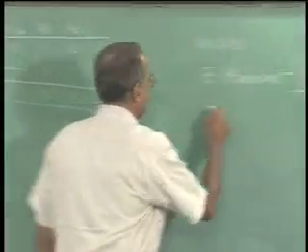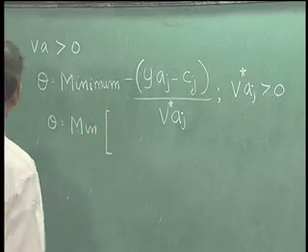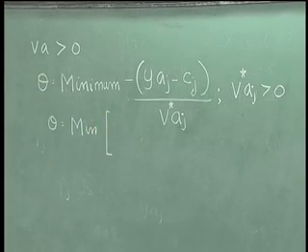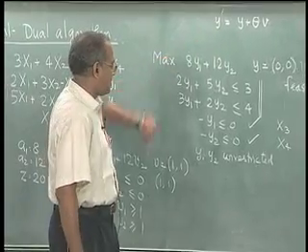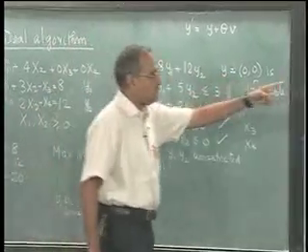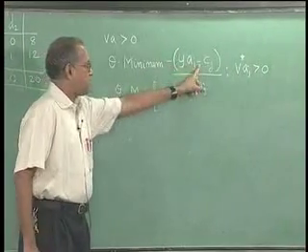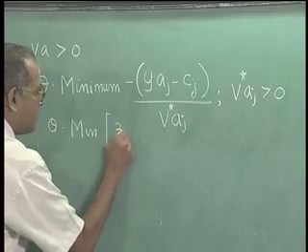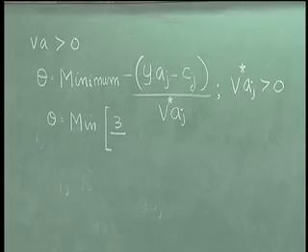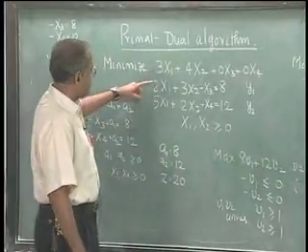So, theta will be equal to minimum of minus (yA_j minus c_j). So, y is 0 0 right now, y is 0 0 that we have here. So, all yA_j's are 0. So, minus of minus c_j is plus c_j. So, c_1 is 3 by v star A_j, we just now found out v star is 1 comma 1, A_j is 2 5.